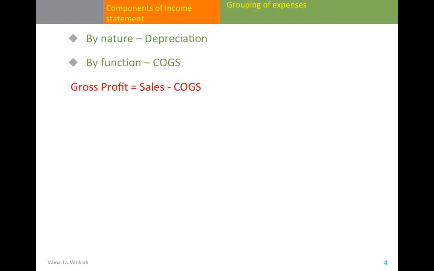When we are grouping expenses, usually we group them either by nature, for example, depreciation, or by function, for example, cost of goods sold. Now, if I have sales and I have cost of goods sold, I can calculate my gross profit, which would be sales minus cost of goods sold. Okay?